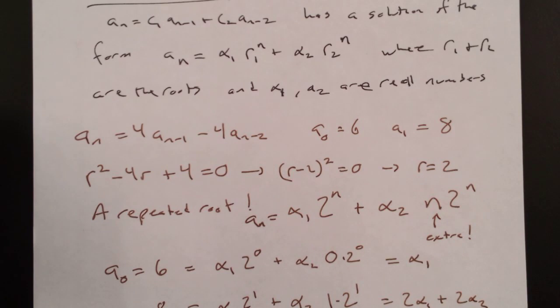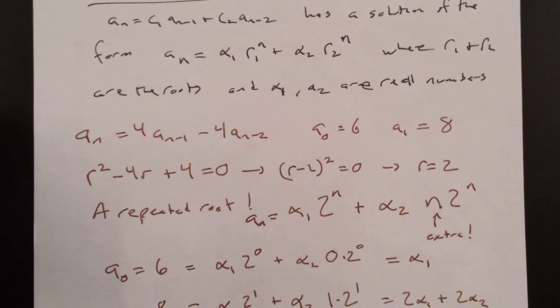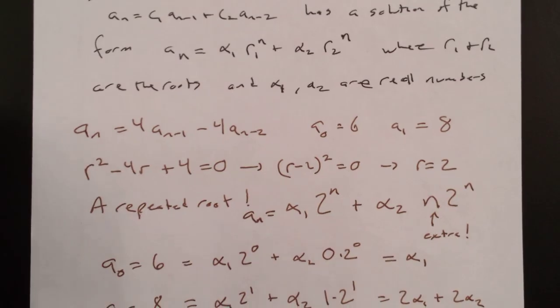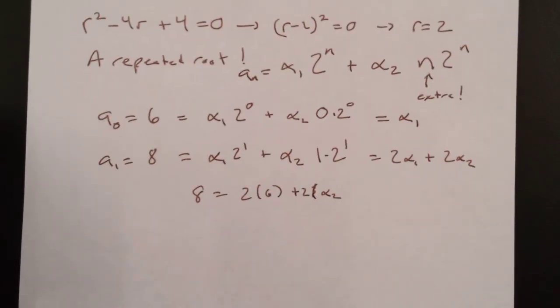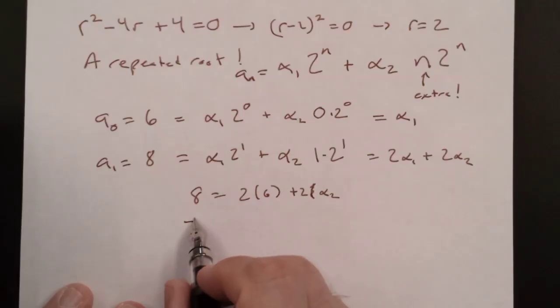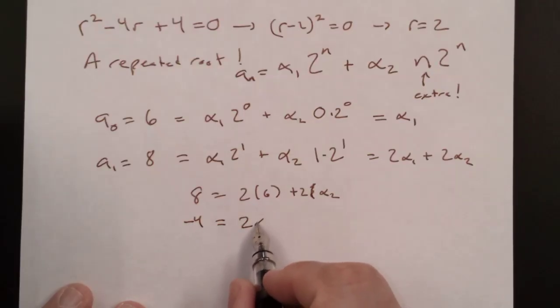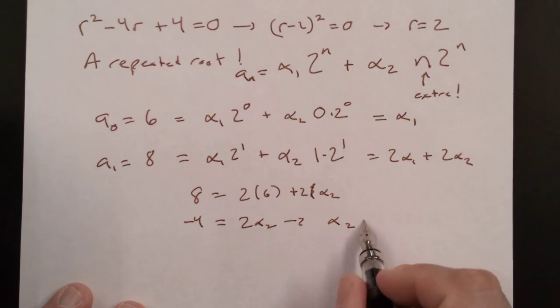Well, what's alpha 1? 6. I don't need a set of parentheses for that part. Started to write them, don't need them. You just told me alpha 1 is 6. I can solve for alpha 2 now. 2 times 6 is 12. I subtract it over, I get negative 4 is 2 alpha 2. Alpha 2 is negative 2.